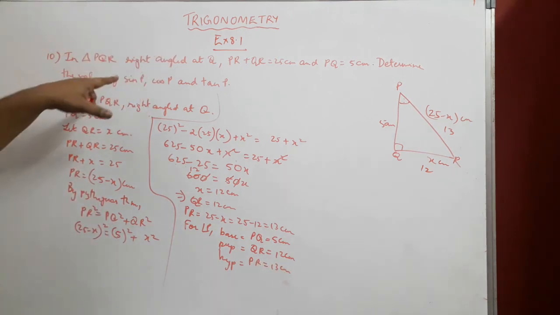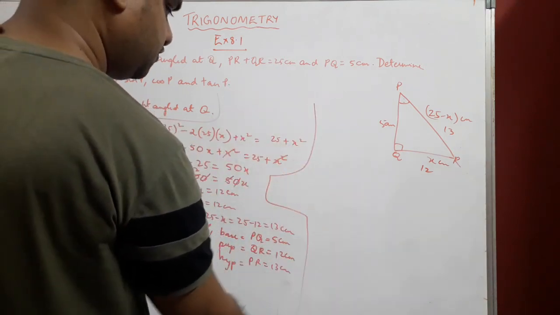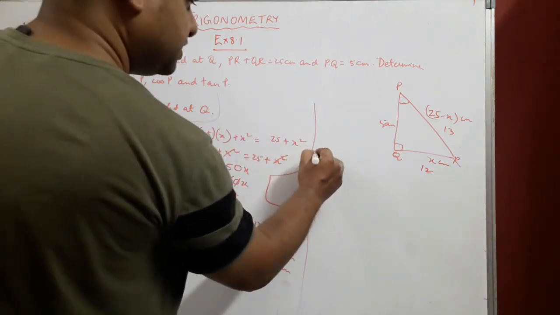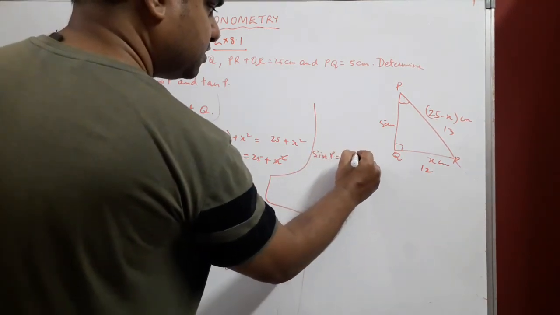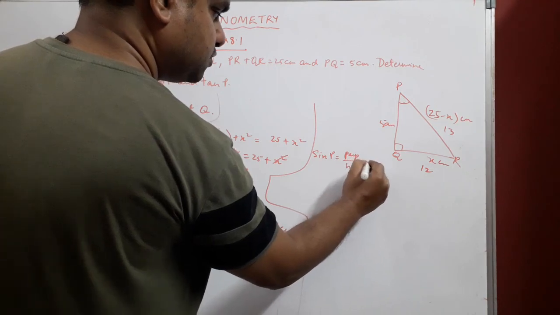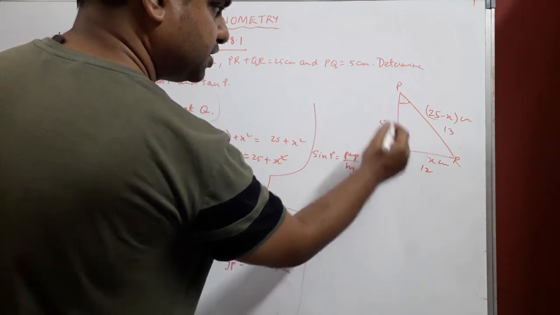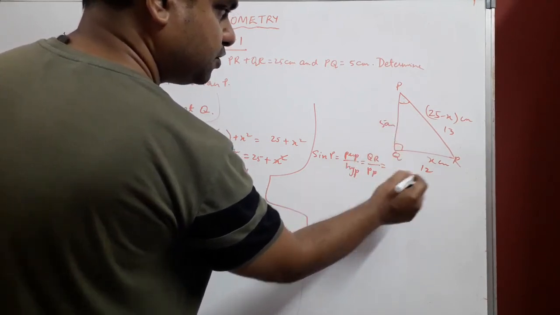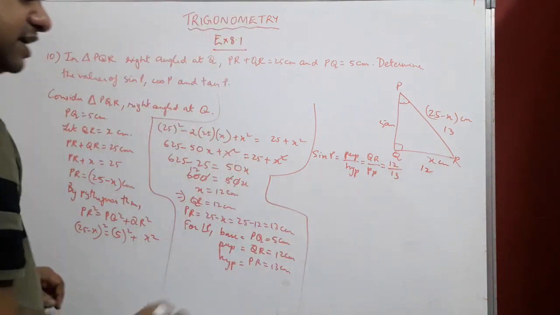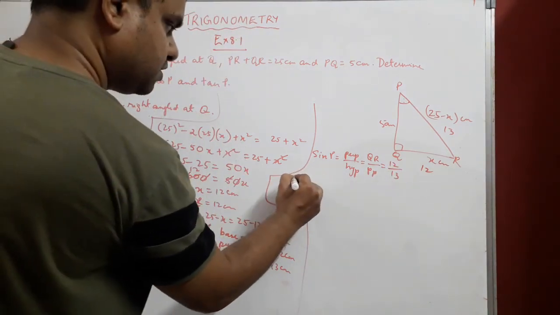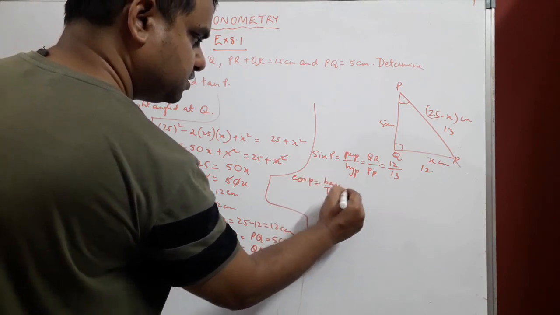Next we'll find out what is sin P, cos P and tan P from our knowledge of Pandit Badri Prasad Har Har Bole. Sin P is what? Perpendicular upon hypotenuse. Perpendicular is QR, hypotenuse is PR. QR is 12, hypotenuse is 13. So 12 upon 13 is sin P. Cos P is base upon hypotenuse.